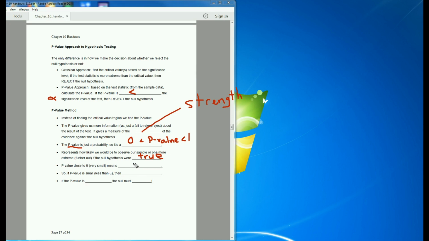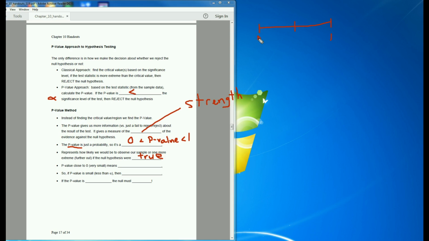And that basically just goes back to the scale of probabilities that we learned back in chapter 5 from 0 to 1. Remember, 0 is impossible, 1 is certain, you got 50-50 in the middle. Anything close to 0 is a highly unlikely event.